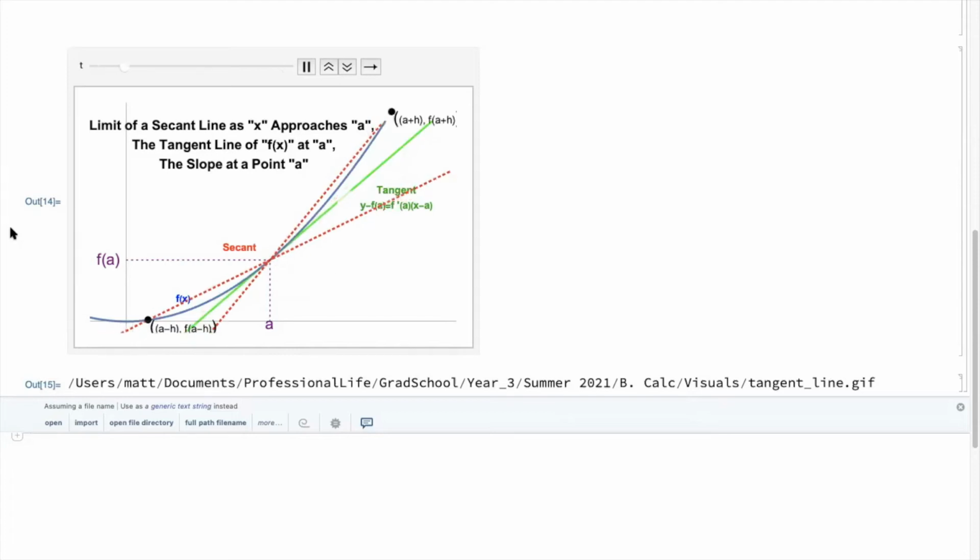And in that same way, as you zoom in, it becomes harder and harder to distinguish between your tangent line and your function. So, in some sense, the slope of your tangent line at a can be thought of as the slope of your function at a.